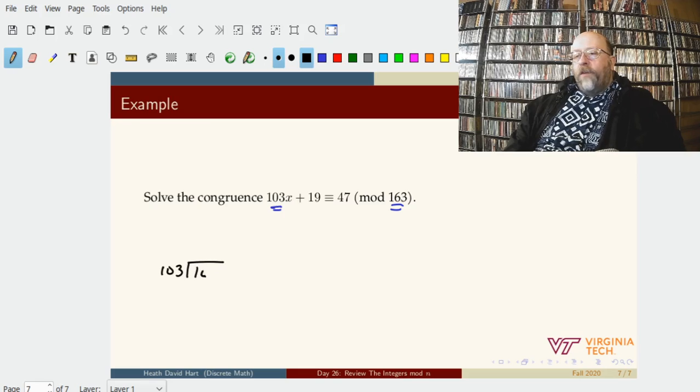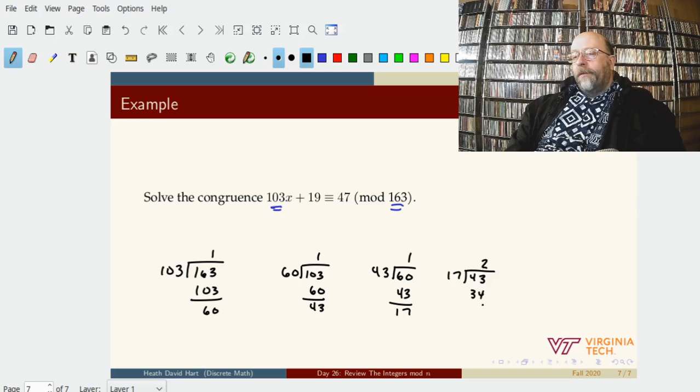So 103 goes into 163 one time, and that leaves me with 60 left over. 60 goes into 103 one time with 43 left over. 43 goes into 60 one time with 17 left over. 17 goes into 43 twice with 9 left over. 9 goes into 17 once with 8 left over. 8 goes into 9 once with 1 left over.